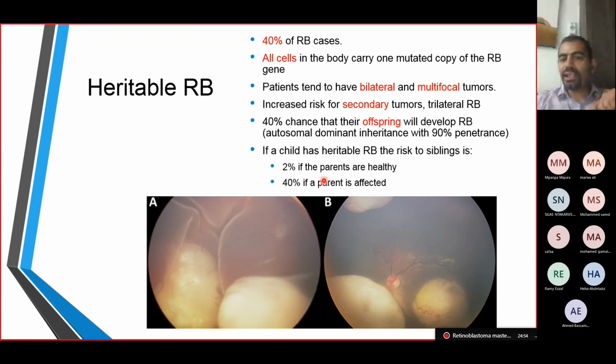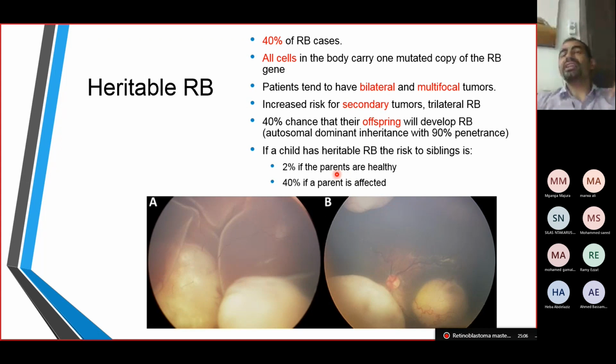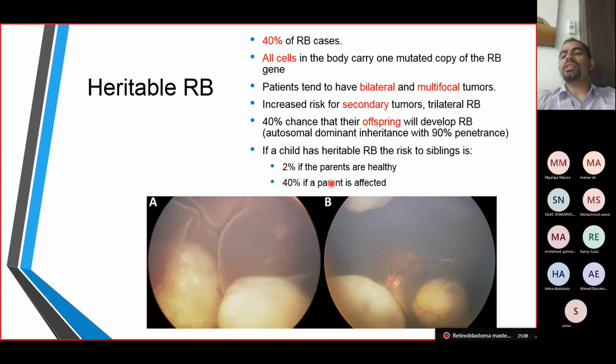This is why we say that if the parents are healthy, the risk of having retinoblastoma in another offspring is low. This indicates that the retinoblastoma gene, rather than being inherited from a parent, developed early in embryogenesis in one of the germ cell lines that divides to give the cells of the body. So all of the cells have this abnormal gene, but it's not inherited from the parent. Okay?